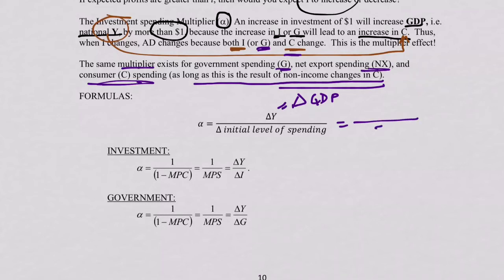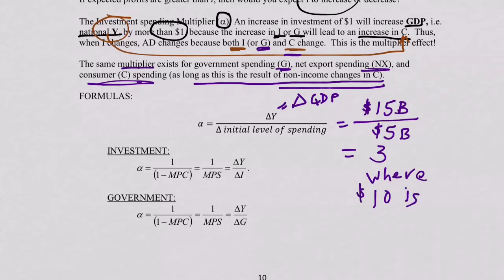Let's say investment went up by $5 billion and national income and GDP goes up by $15 billion, then our multiplier is 3, where that difference between 15 and 5, that $10 billion, is because consumer spending changed by that $10 billion. Whoops, we need a B here for billion.